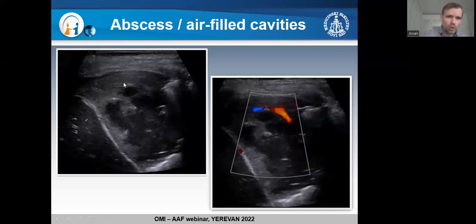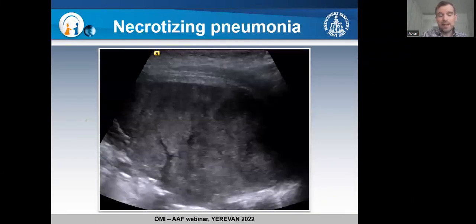This is a huge abscess. This is actually a huge area of necrosis with some particles of air. So this was an abscess, and you can see here a vessel going around this huge zone. And I would like you to remember this kind of echo texture of the lung. So whenever you see this coarse, hyperechogenic echo texture of the lung, this is a pre-necrotic lung.